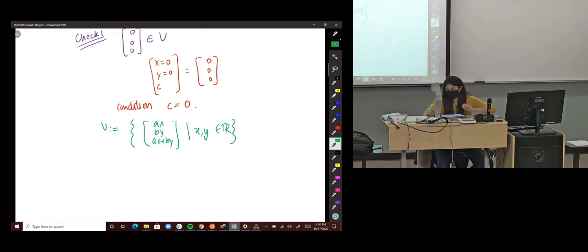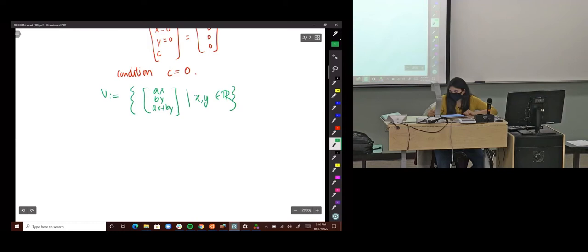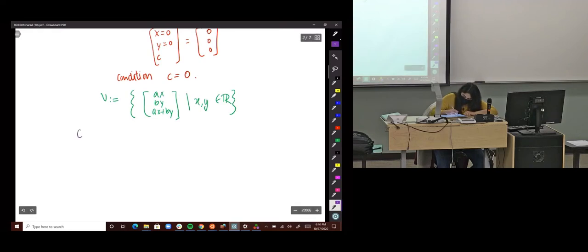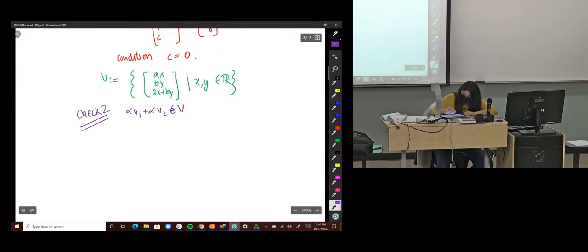To do that, we still need to check the property of being closed under linear combination. So for check 2, I want to see if alpha 1 V1 plus alpha 2 V2 lies in the set V. Let's define V1 and V2.